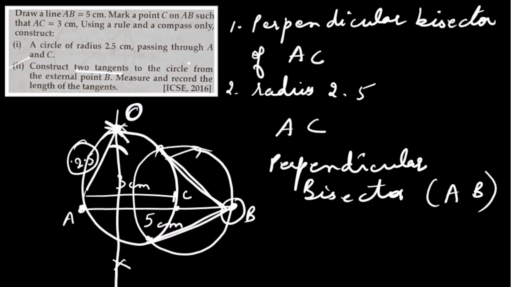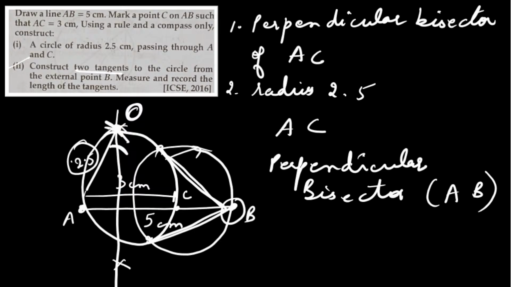Construct two tangents to the circle from external point B. Measure and record the length of the tangents. Okay, we'll do one thing.